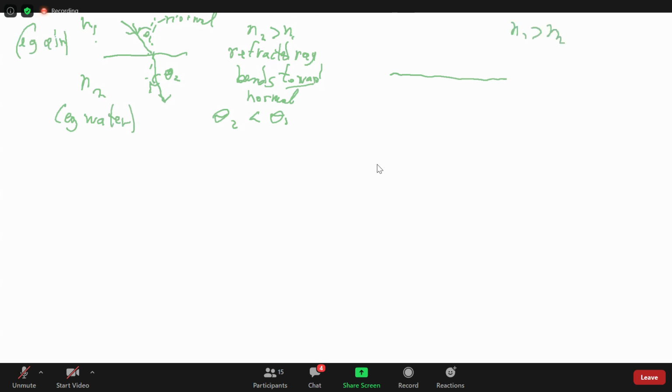So we have N1 above, and here's our normal. Now we have a light ray coming in with angle of incidence θ1. If N1 is bigger than N2, then it bends away. So this would be θ2. So in this case, the refracted ray bends away from the normal.